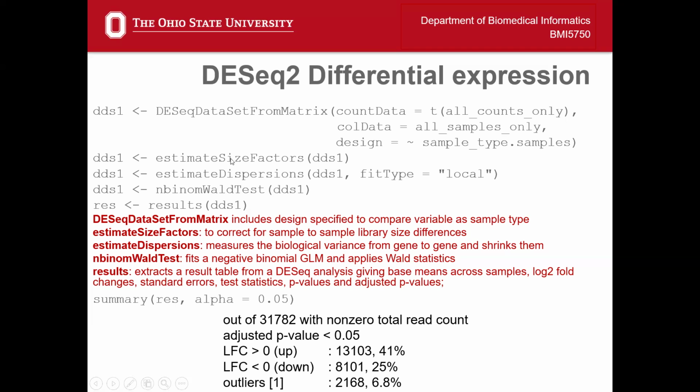Normalizing our sample differences. The third function, estimate dispersions. This is setting us up for our statistical test. It's going to measure the biological variance from gene to gene. So how much change is this gene having between our groups?